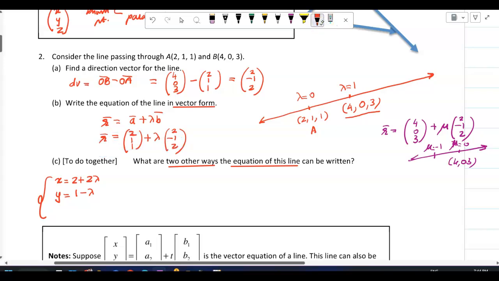So you write them as three different equations, and z is equal to 1 plus 2 lambda. This is called the parametric form. It's there in the formula book.